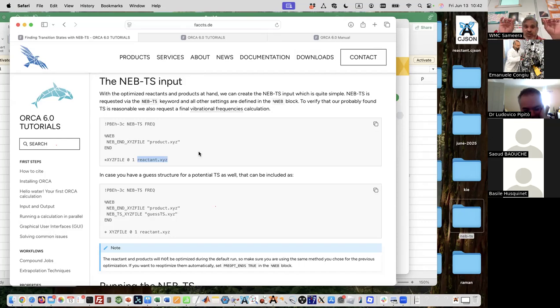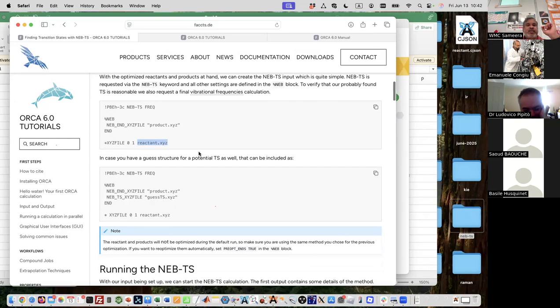These are guess structures, and here you can also give a guess transition state structure. This is also a nice approach. In that way, you give 3 data points, and the NEB calculation may be faster because it has 3 data points. So you can also try this, giving an approximate guess transition state.